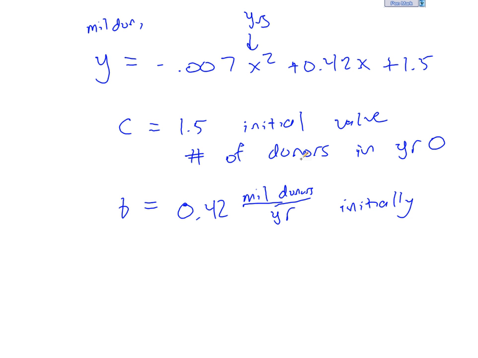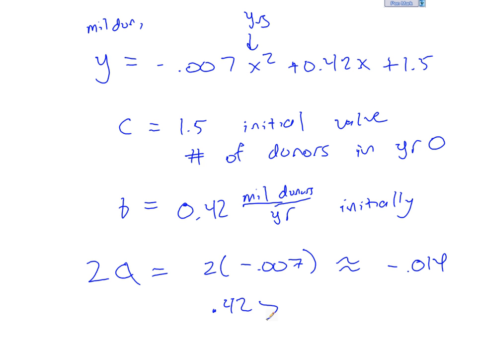But then what happens to that rate of change? Well, the rate of change is growing or decreasing by twice the value of A, which would be 2 times negative 0.007, or about negative 0.014. So that means that every year this is going down.